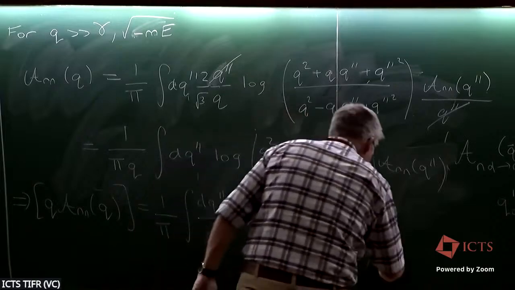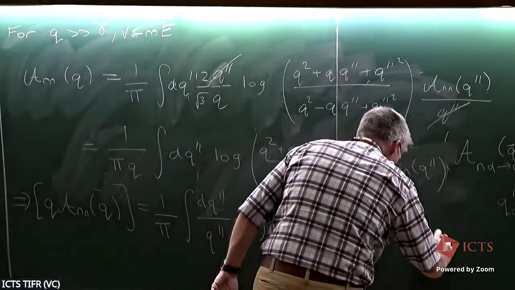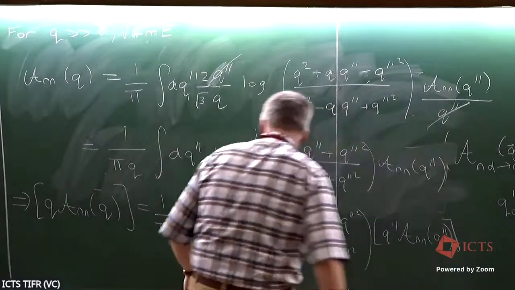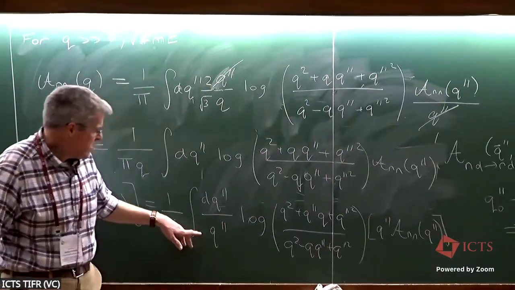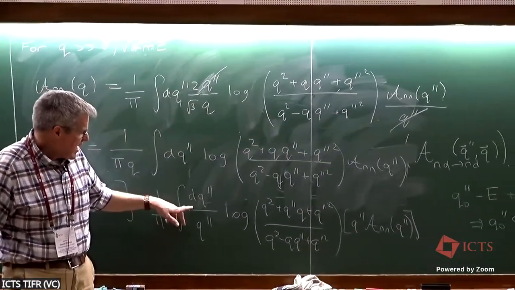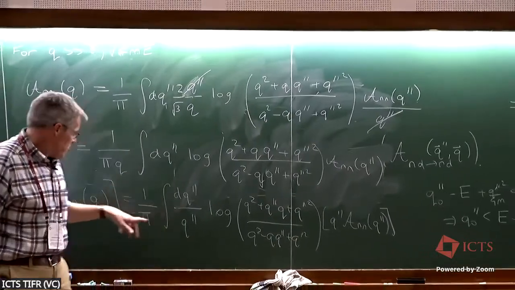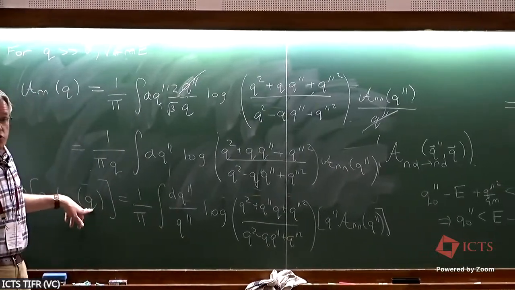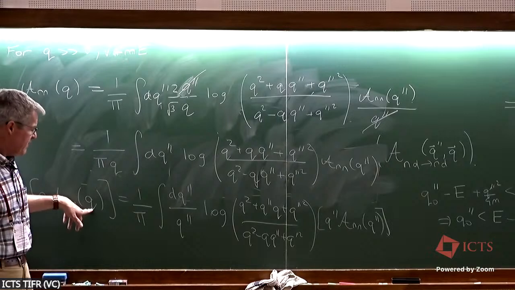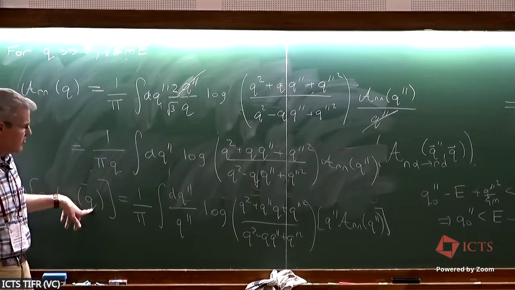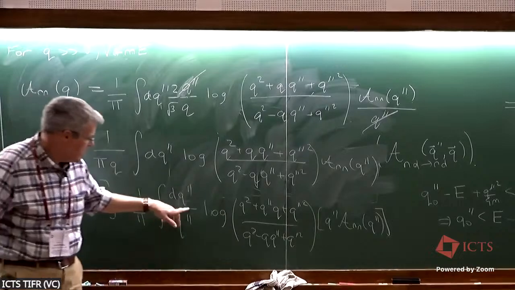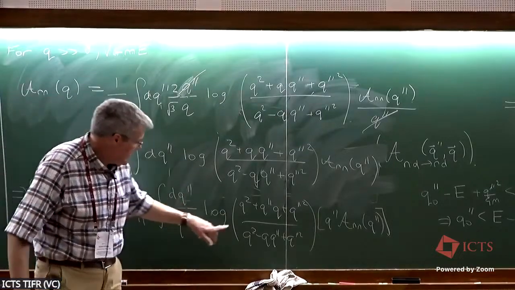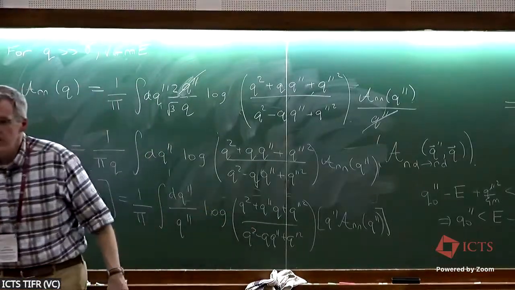This is not necessary, but what it does is expose that now if you make a scale transformation on q, so you send q to c times q, and you change variables under the integral, nothing changes, right?